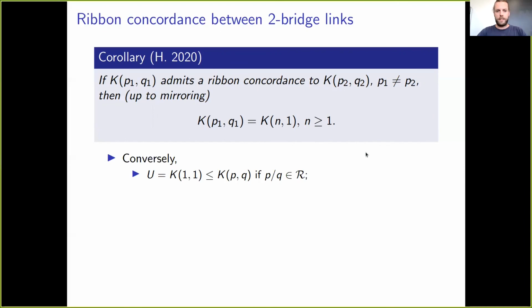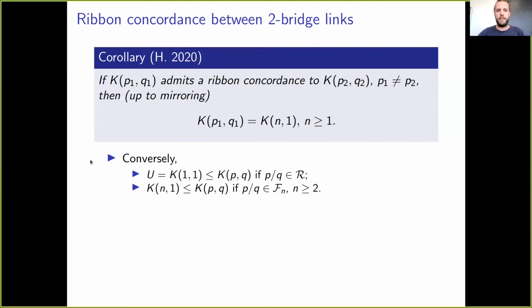And again, there are converse statements, namely that if we have a two-bridge link that is concordant to K(1,1), which is the unknot, then there does exist a ribbon concordance to that knot from the unknot, and similarly for these other two-bridge links belonging to the families F_n for n greater than or equal to 2.